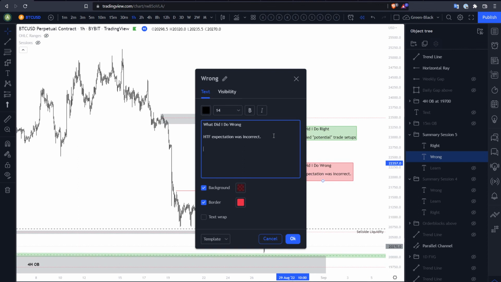If there is no market structure shift, there is no trade. Very simple. Well, apparently I did not follow that. I did not follow simple trade entry instructions.